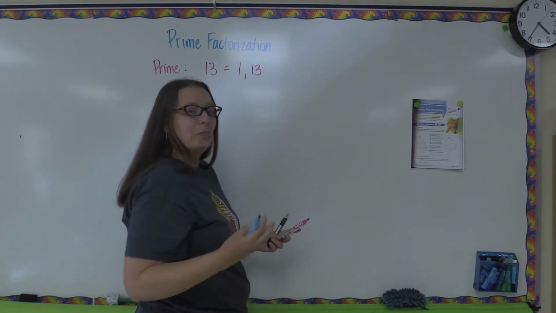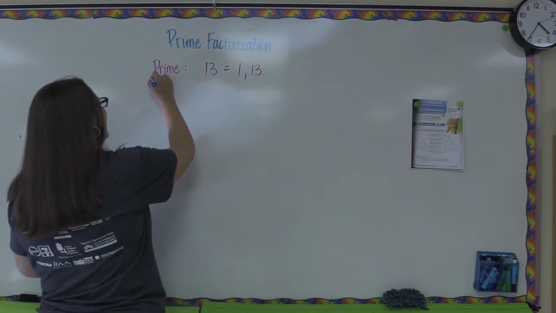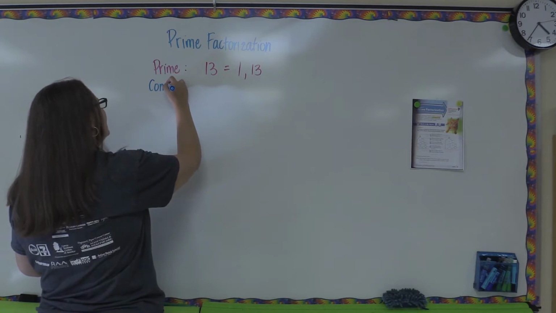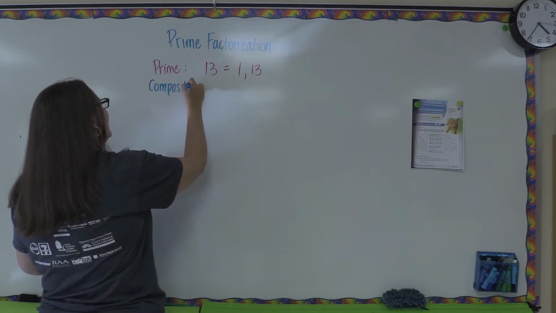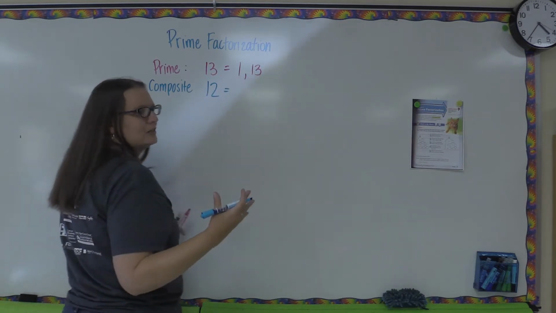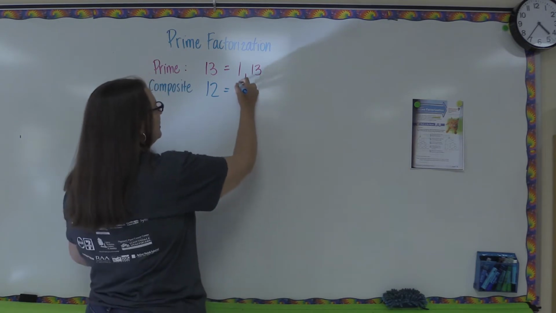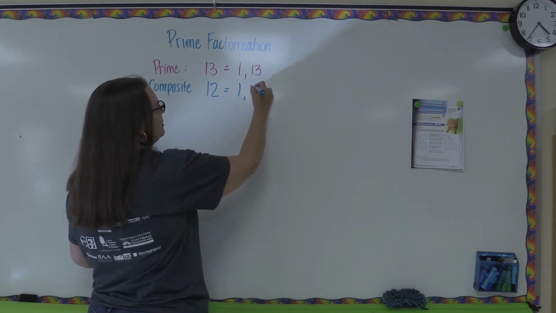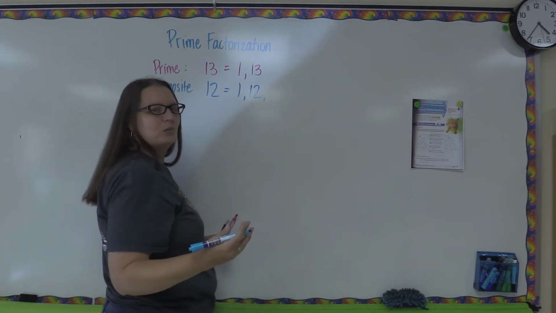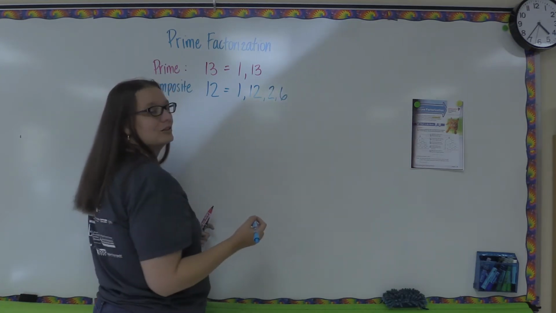Okay, the kind of opposite of that would be a composite number. A composite number is one that has lots of different factors. So say you had the number 12. There are lots of ways for me to multiply two factors together to get 12. The most obvious one is 1 times 12, right? So 1 and 12. I could also multiply 2 times 6, so 2 and 6 would be factors of 12.